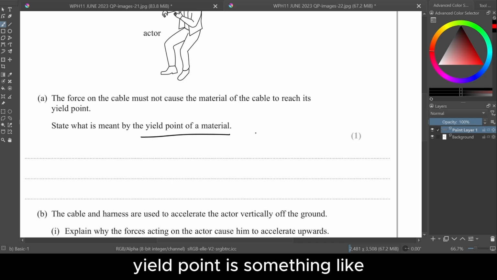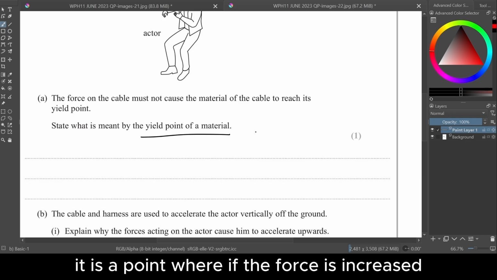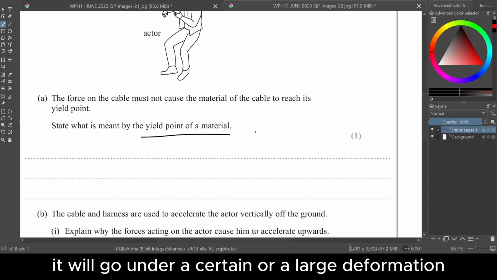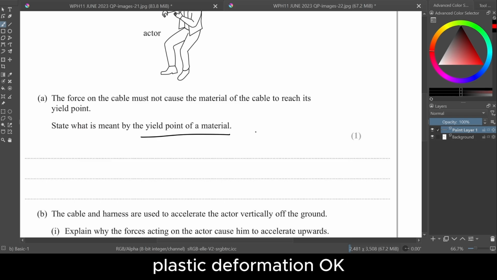Yield point is something like, it is a point where if the force is increased, it will go under a sudden or a large deformation, plastic deformation. Okay, so it's a book definition, just simple, right?